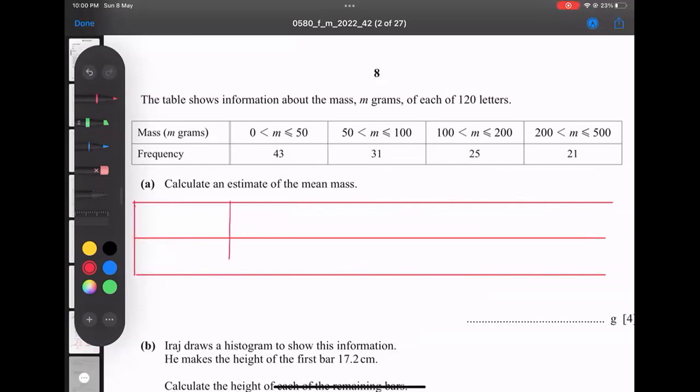Now I'm finding the mid-class, represented by X, and here Fx, and frequency stands for F.